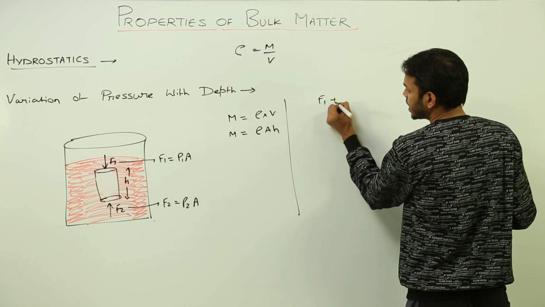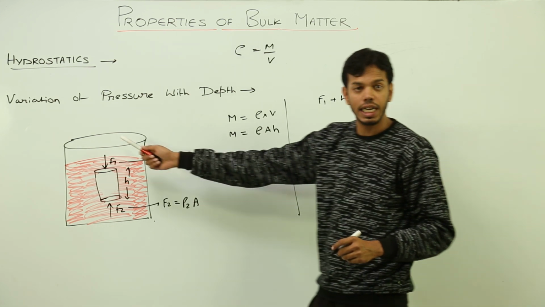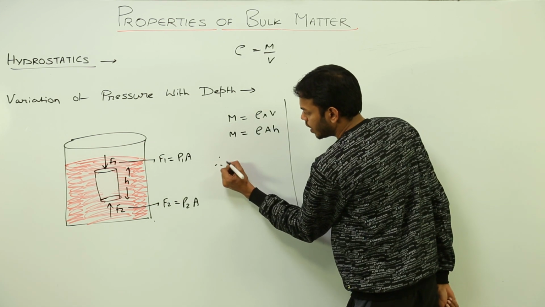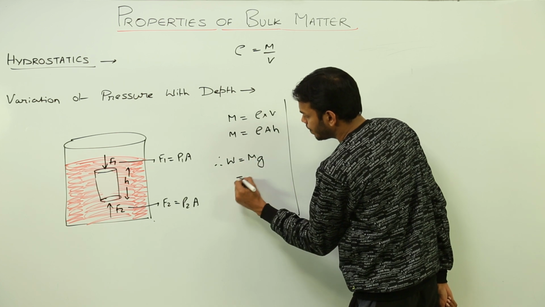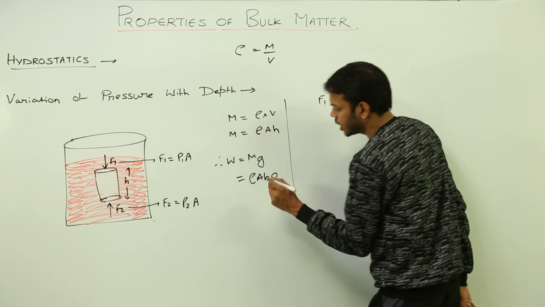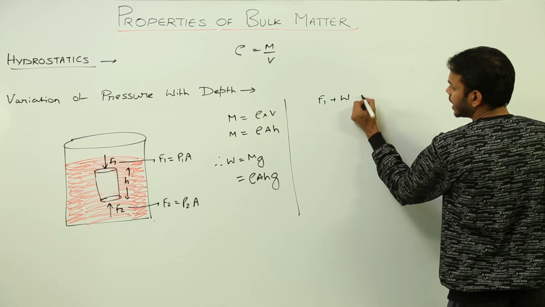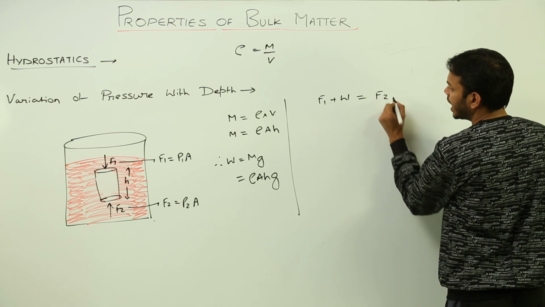The downward forces are F1 plus the weight of the liquid column. Weight acts vertically downwards and is equal to m g, that is rho A H g, where g is the acceleration due to gravity. This equals the upward force F2.